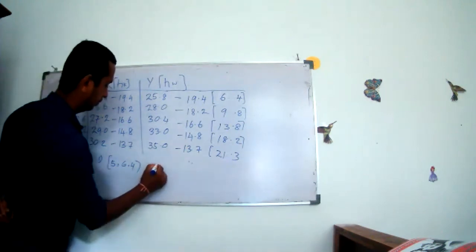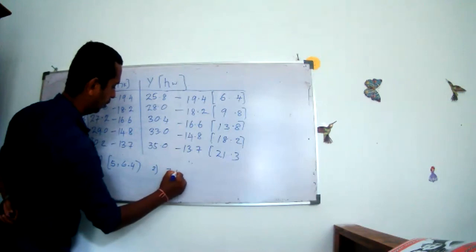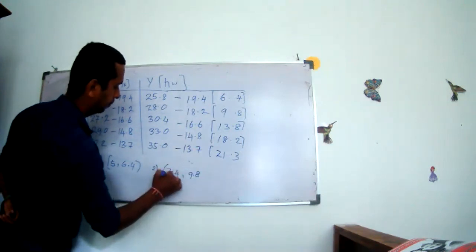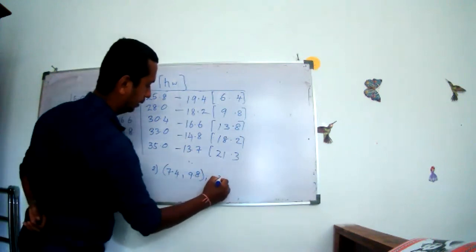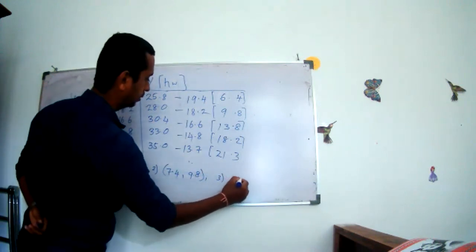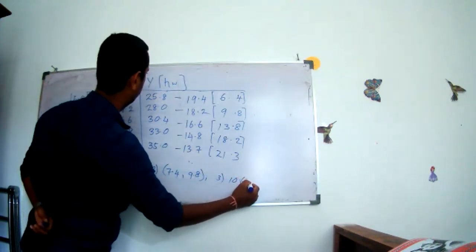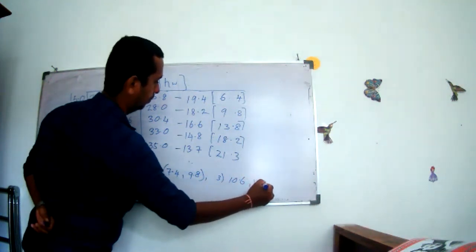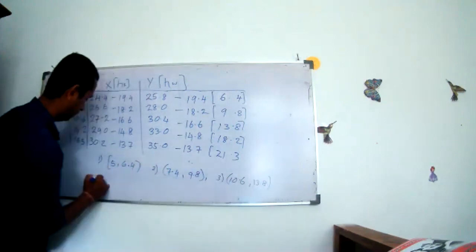Second one is 7.4, 9.8. Third reading is 10.6, 13.8. This will be my fourth reading.